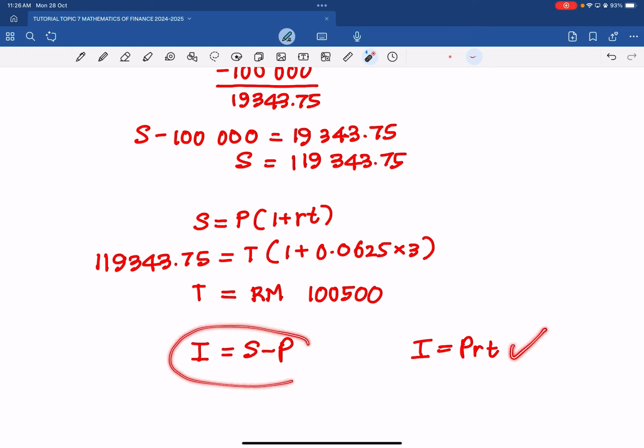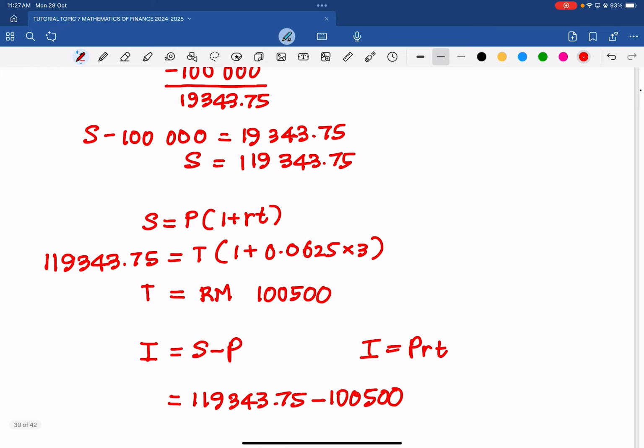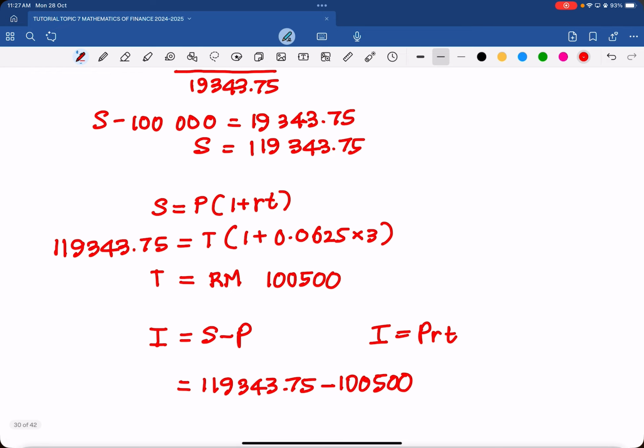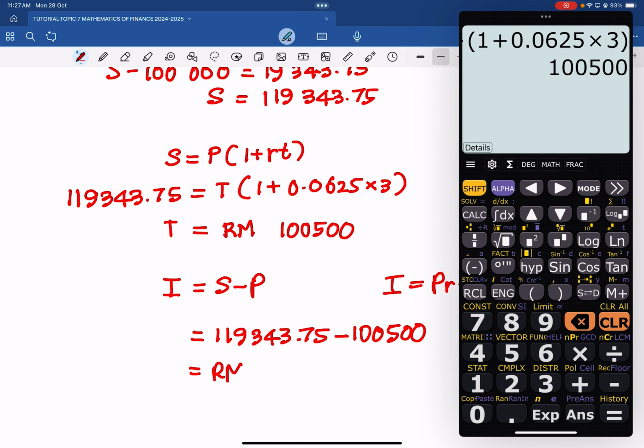I'm using S minus P. Why? We have S. 119,343.75 minus P. Our P is 100,500. So when we subtract, we get 18,843.75.